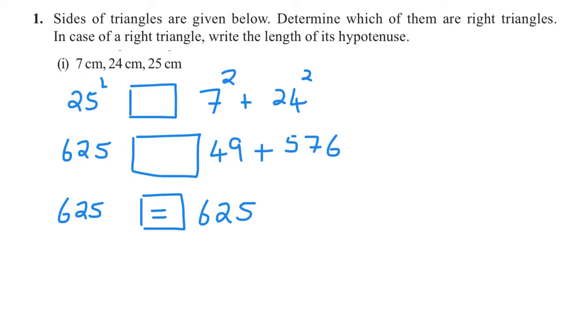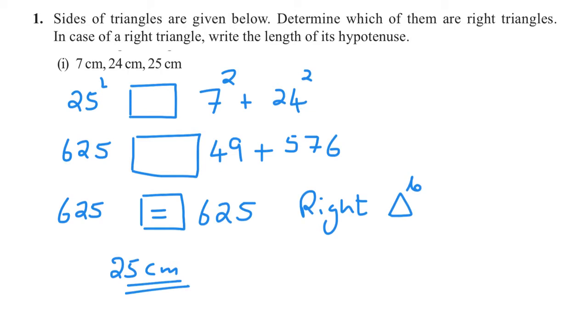So we say that it is a right angle triangle. So it is a right angled triangle. And what is the length of the hypotenuse? It is 25 centimeters. So that is how you show whether the three sides of a triangle form a right angle triangle or not.